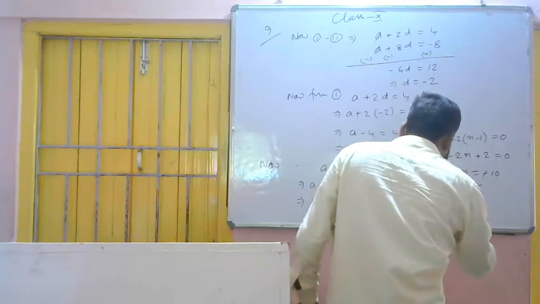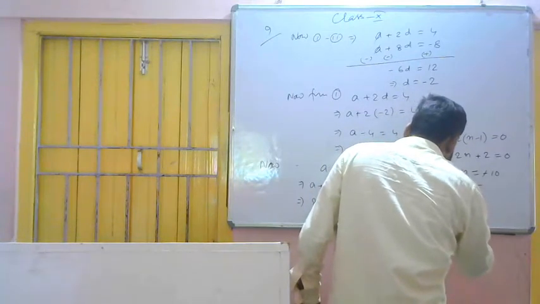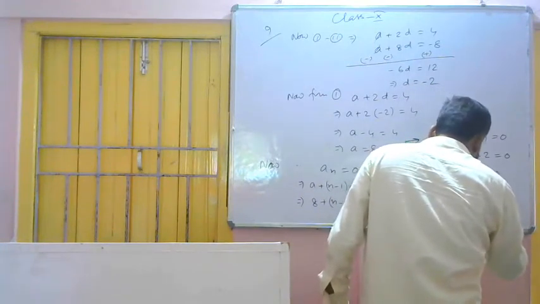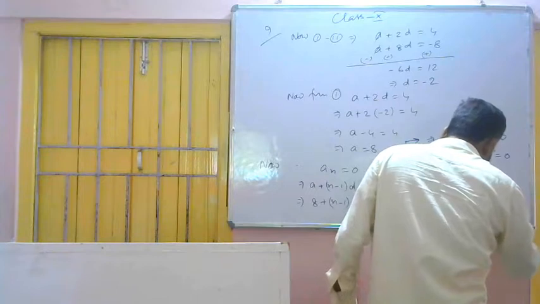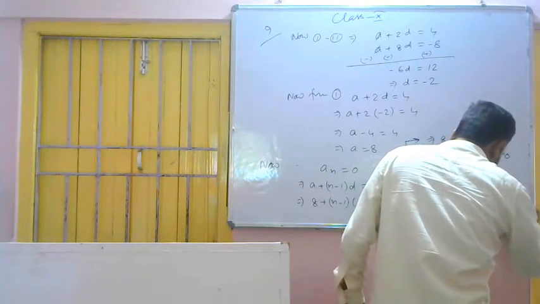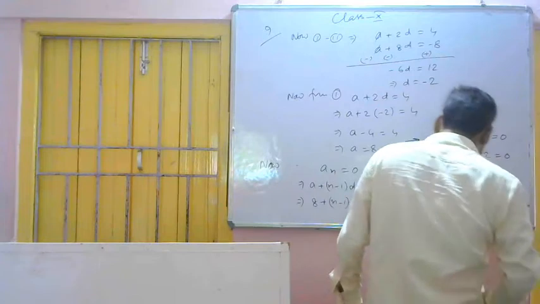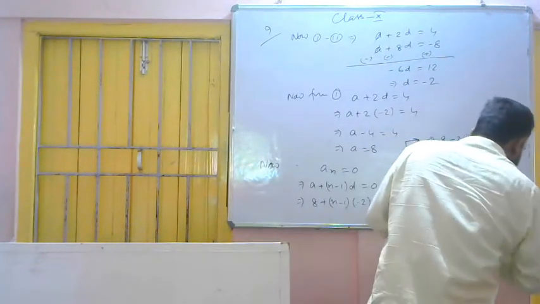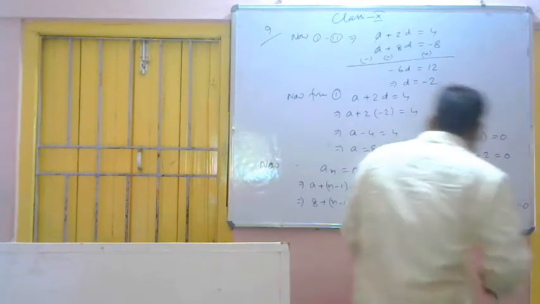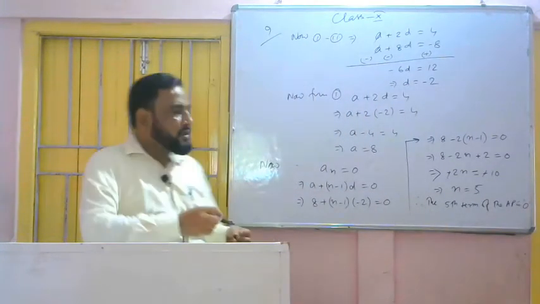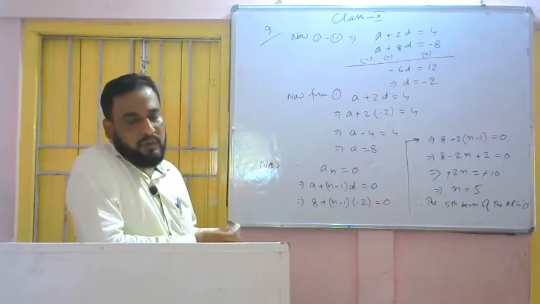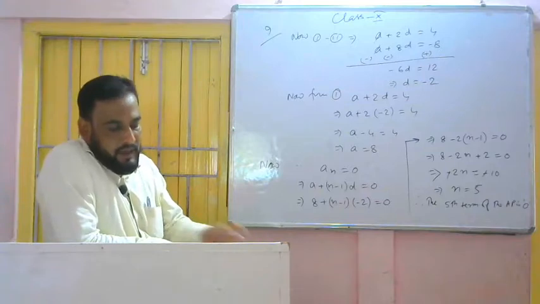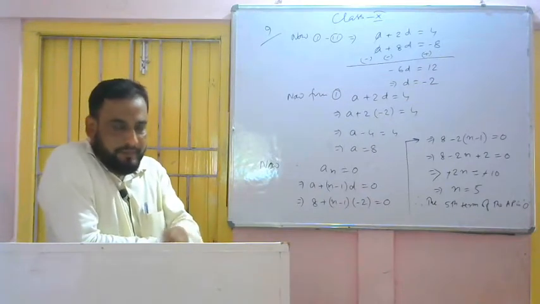Therefore, the fifth term of the AP is 0. We got the value of N as 5, so we can conclude that the fifth term of the given AP is 0.